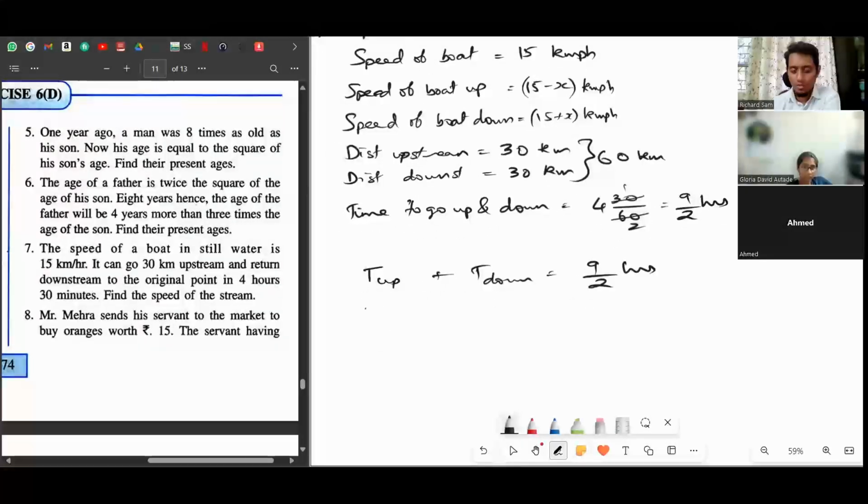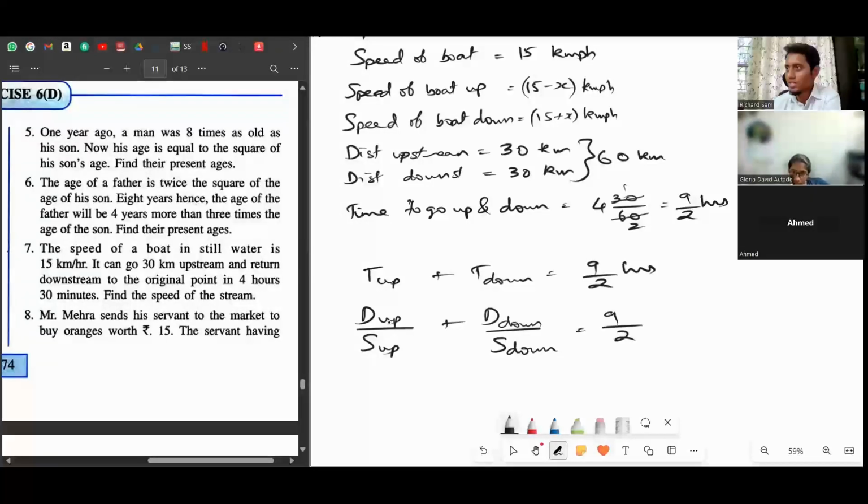So time is equal to distance upon speed: distance upstream upon speed upstream plus distance downstream upon speed downstream is equal to 9 upon 2. Do you understand? Now what is the distance upstream?